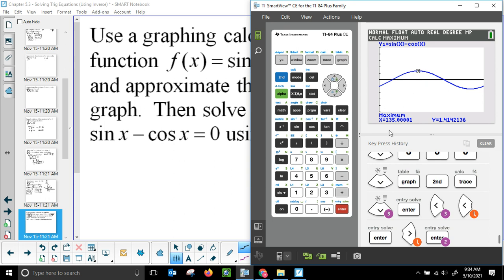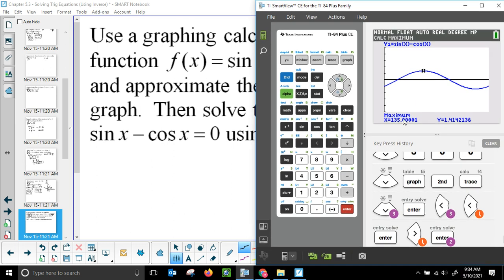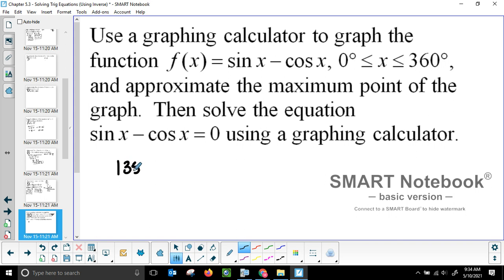So the maximum, did it say the maximum point? Yep, so we need to give it as an xy. So this is just 135. You don't need to put 0.00001. So that's 135, 1.414. That's our maximum point.